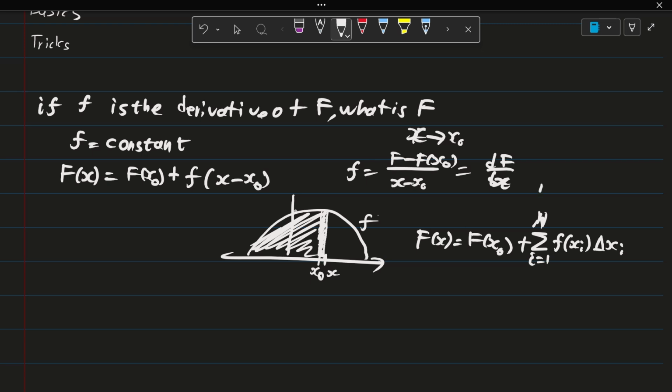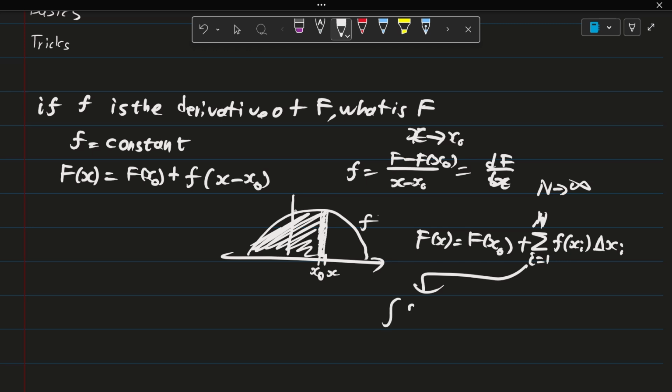But if you take your n to go to a certain value, let's say infinity, and we fix our endpoints, let's say from 0 to the maximum value of x, and divide these sections into equal components, we could simplify this notation into something we call the integral.